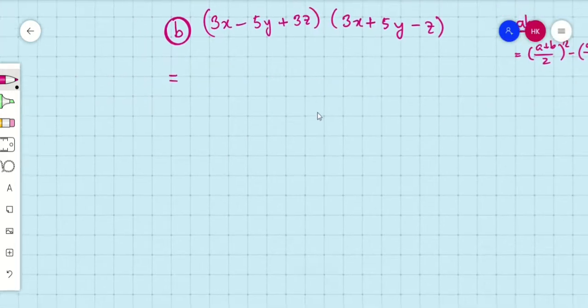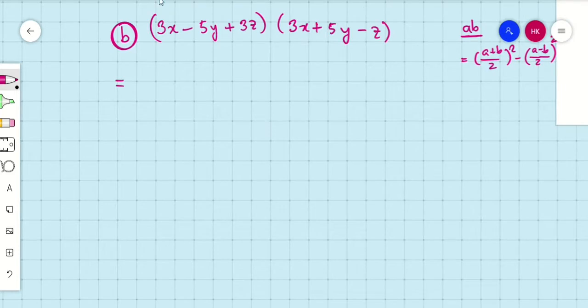Right, so if you remember, we can use this formula.